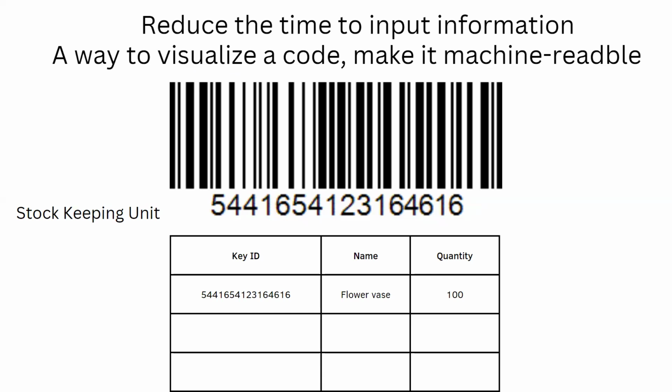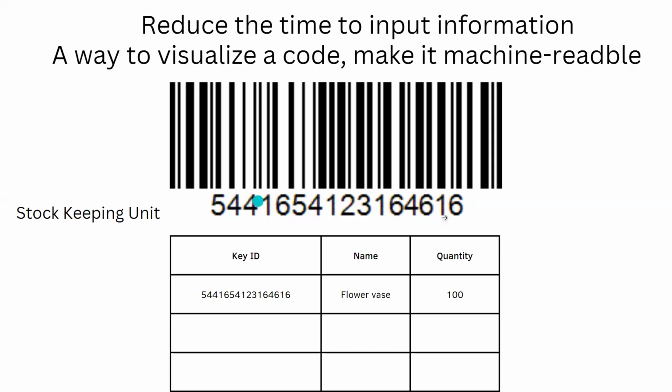So there must be some way to speed up the input of information, and barcode is such an attempt. Instead of just entering the key ID into the computer, which is very complex and time consuming, even with a simple store, this still takes a lot of time.